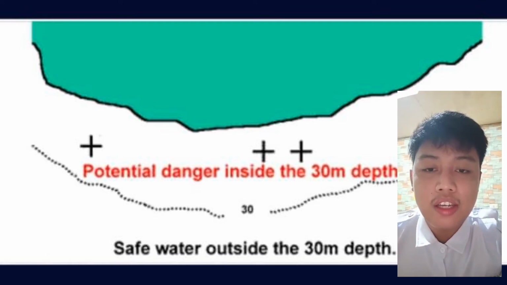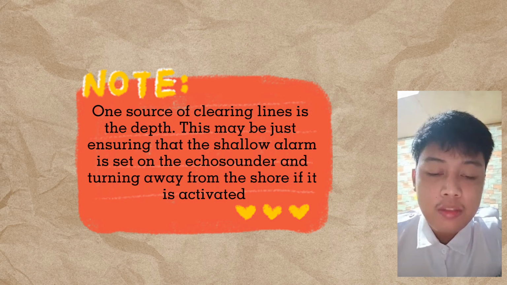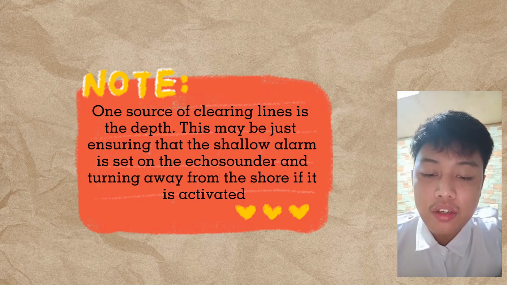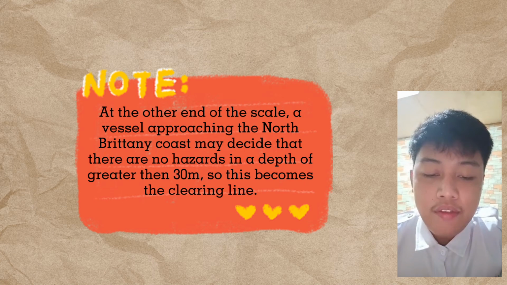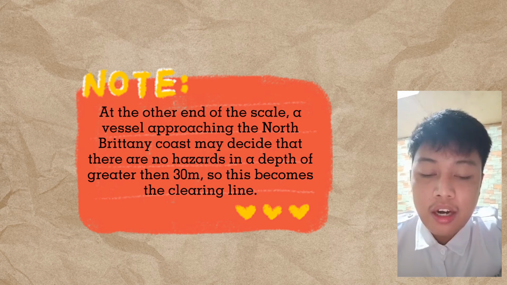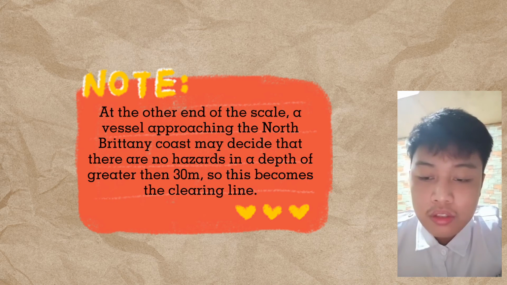Clearing lines or clearing depths. One source of clearing lines is a depth. This may be just ensuring that the shallow alarm is set on the echo sounder and turning away from the shore if it is activated. At the other end of the scale, a vessel approaching the North Brittany coast may decide that there are no hazards in depths of greater than 30 meters, so this becomes the clearing line.